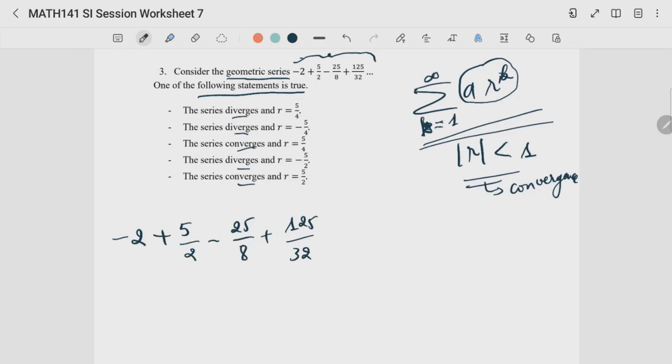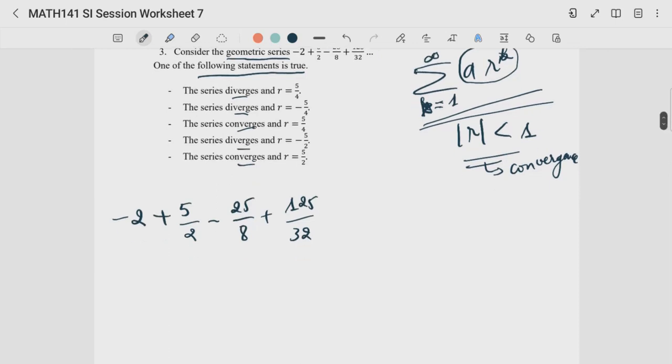So first we need to develop the general formula of the series. What do we observe about this series? Three things. First, you can clearly see that this is an alternating series. That's the first observation that you can make.